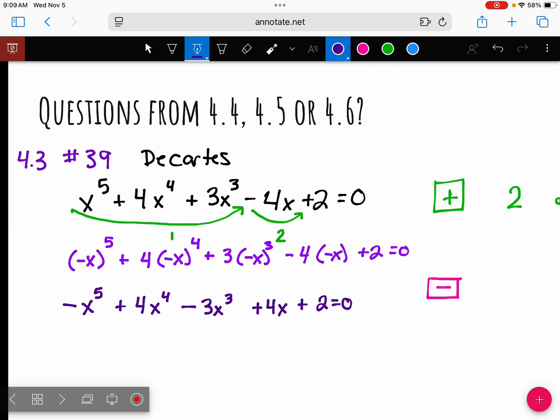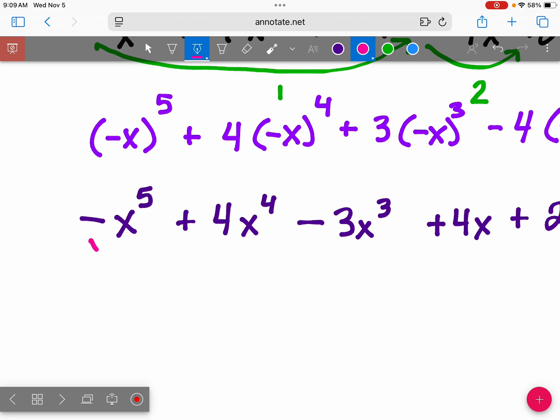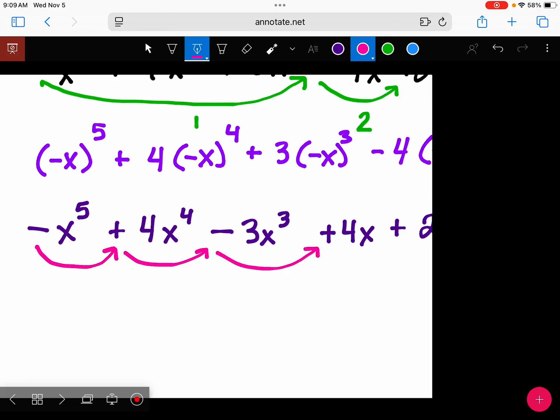And now we count these sign changes for how many negative roots we could have. We started negative and it turns positive. So from a minus to a plus, there's one change. Then we go from a plus to a minus, that's 2. Then we go from minus to a plus again, that's 3.